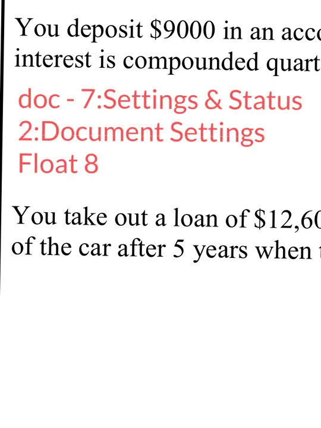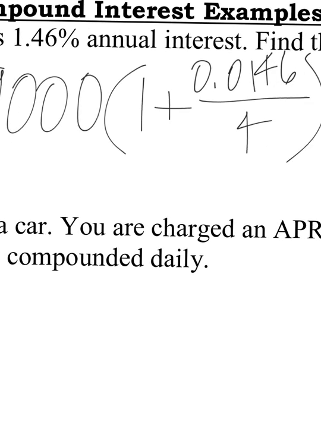So if you're using the TI Inspire from a blank calculator screen or from the Scratchpad even, you can press that doc button, and then you go to number 7, settings and status, and then you go to number 2, document settings, and the default is float 6, and you can change that to float 8. And that way you don't have to worry about the calculator giving you an already rounded amount, and it'll be rounding it to the nearest 10th place when we need to round to the nearest 100th place, okay?